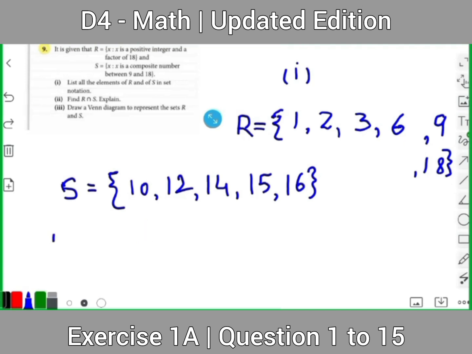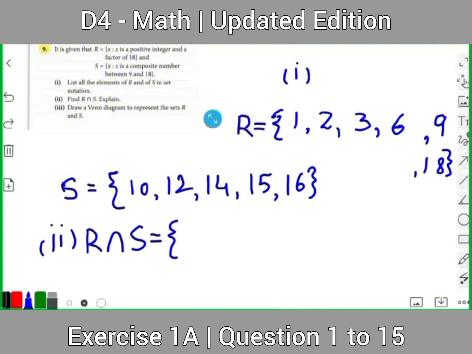Now in the second part, we have to find out the R intersection S. So we just mark the elements with red, which are common to both these sets.